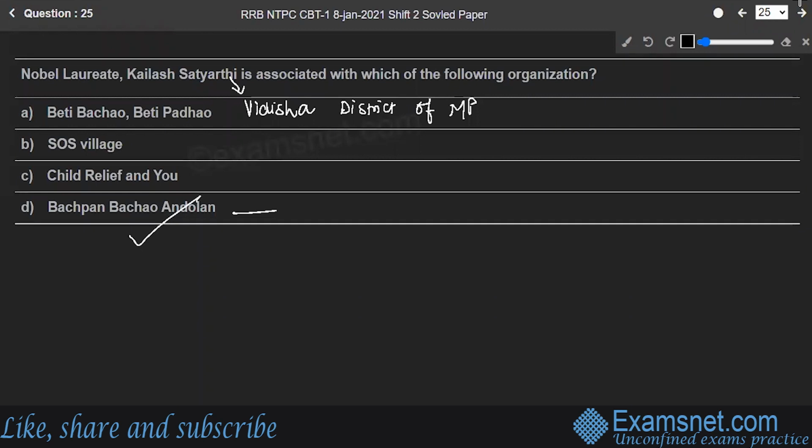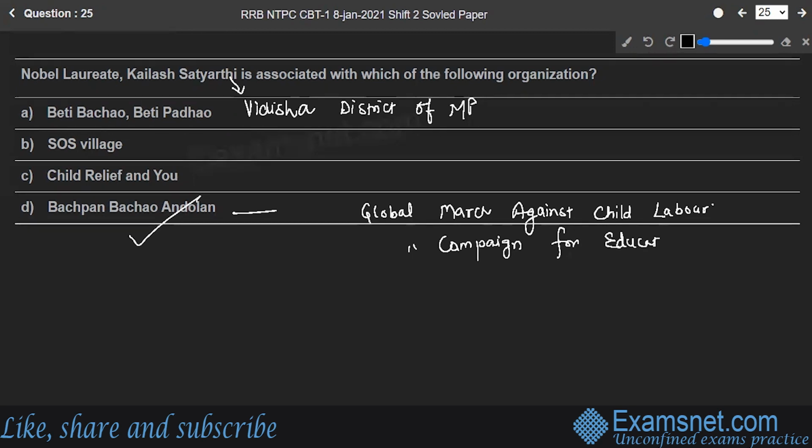to education. He is the founder of multiple social activist organizations, including Bachpan Bachao Andolan, Global March Against Child Labor, Global Campaign for Education, and Kailash Satyarthi's Children Foundation.